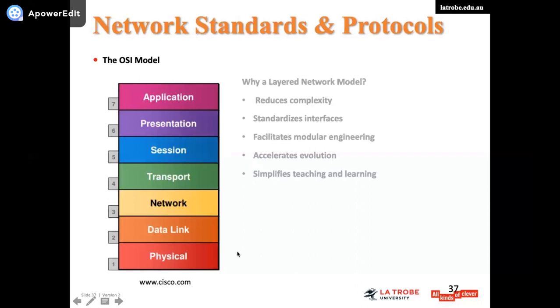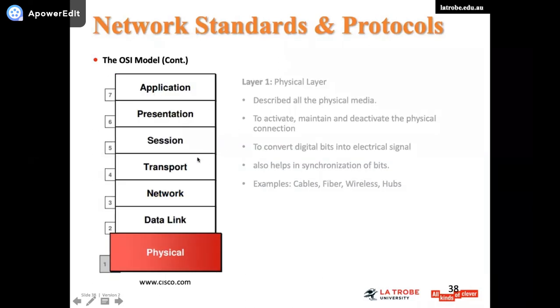Now let's talk about the first layer, which is at the bottom, called the physical layer. The physical layer describes all the physical media. Physical is all about hardware. Everything about electrical signals and hardware goes to the physical layer.